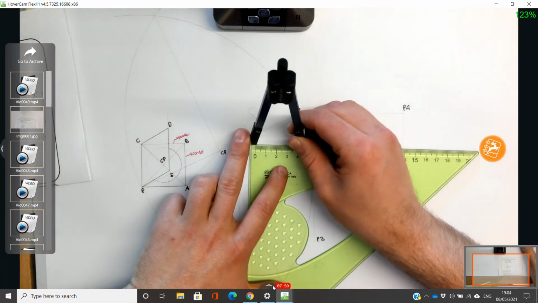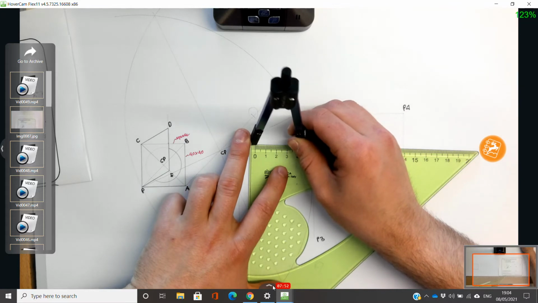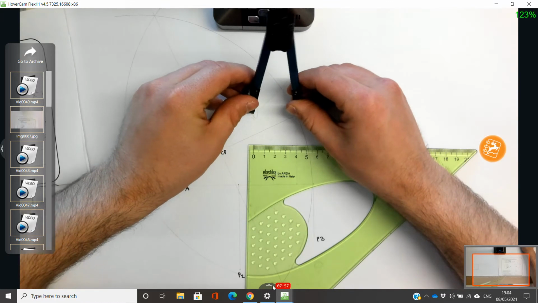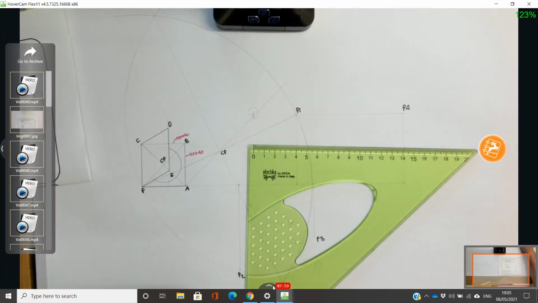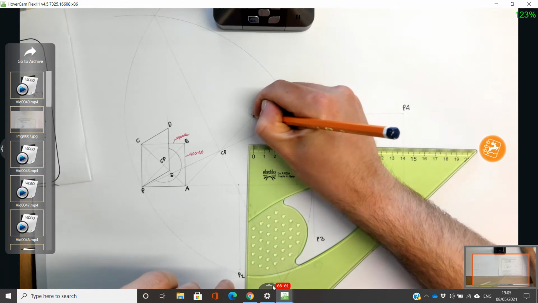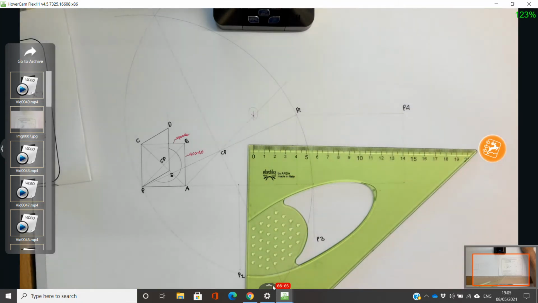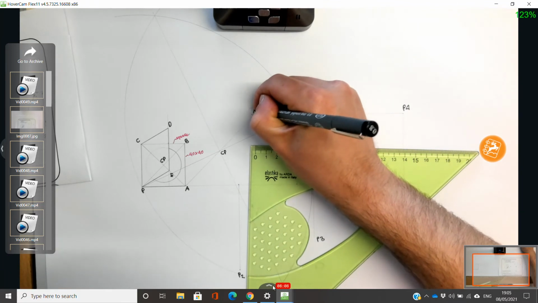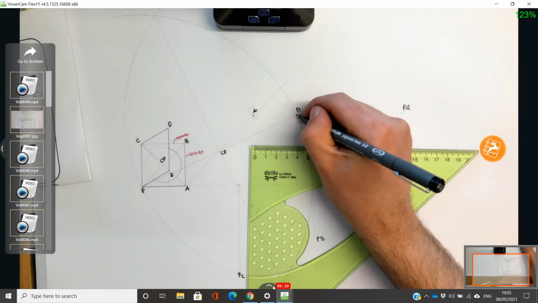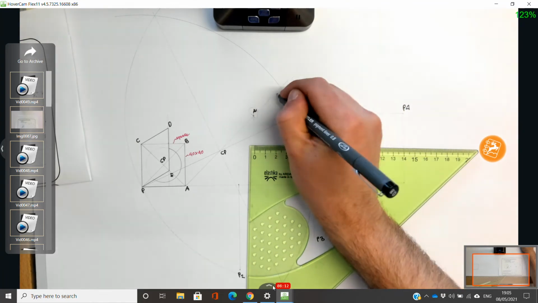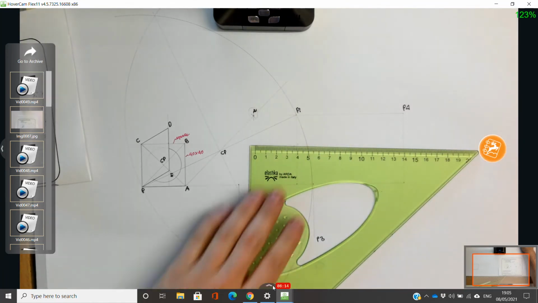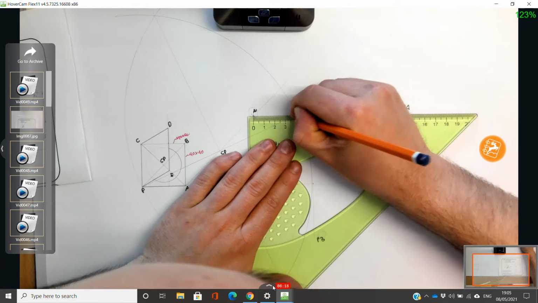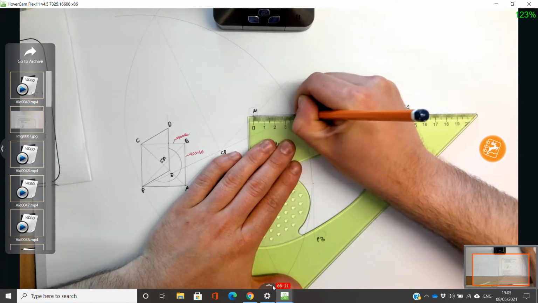So I'm going to set my compass to 40 and swing an arc, radius 40 from P1, and they actually happen to intersect on the line for me just simply because it's done accurately. But that doesn't always happen. And there's A1. The main thing is that the distance from P1 to A1 on this line is 40 millimeters, and then we can join them together, and there we go.